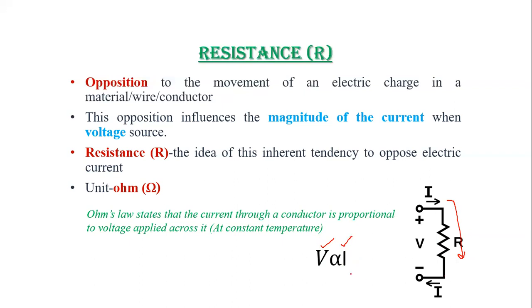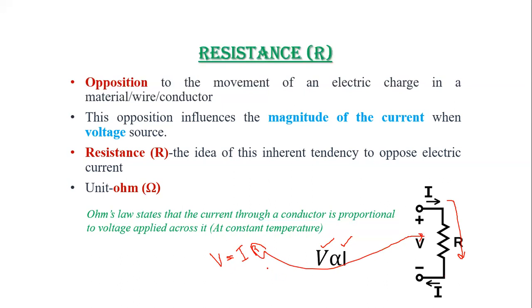When we convert this proportionality into equality, we get V equals IR, where R is called the proportionality constant, and this R depends on the nature of the material.